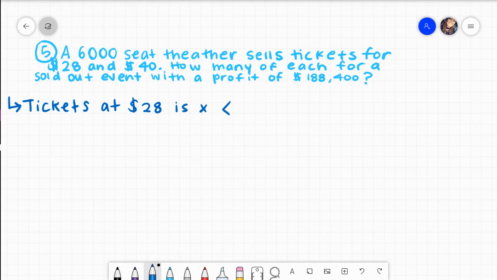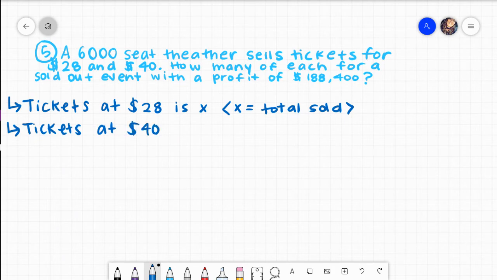And what X is representing is the total amount sold, the total sold at that price. And so similarly, the tickets at $40 would be what? Yep. And Y is going to be the total sold at that price.